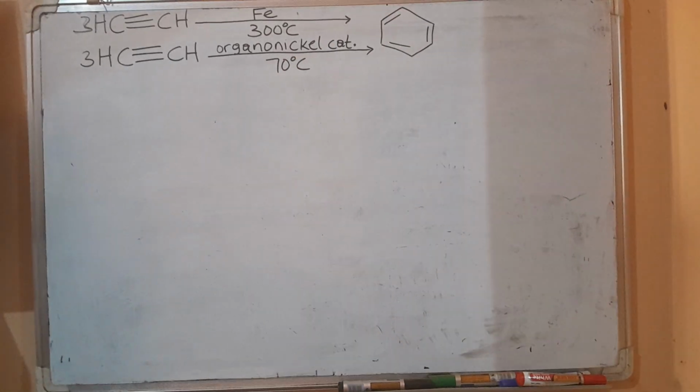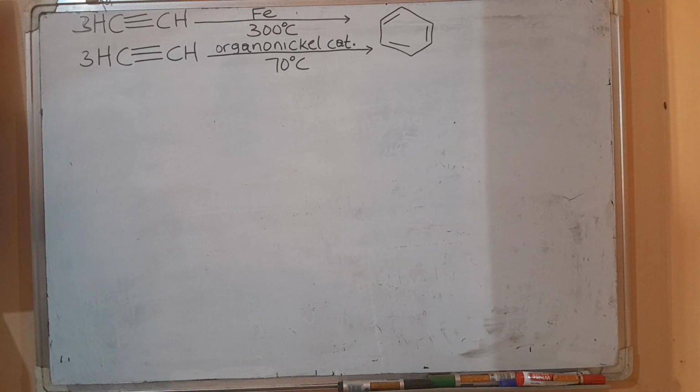Still we obtain the same product. So that is the polymerization of ethane, the second way of preparing benzene. Then we look at the third way, and the third way was from phenol.